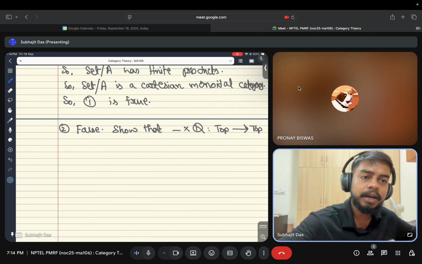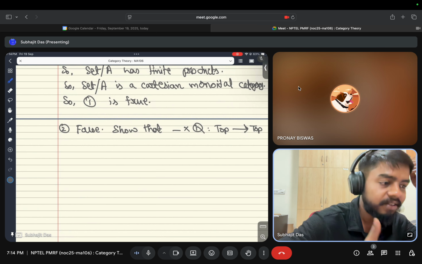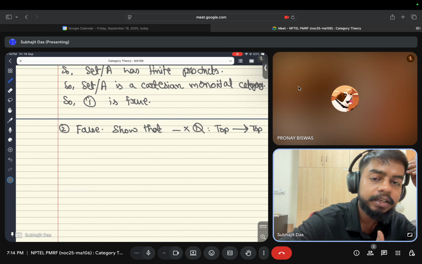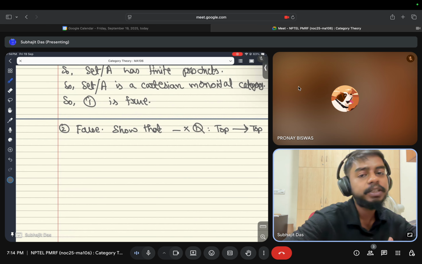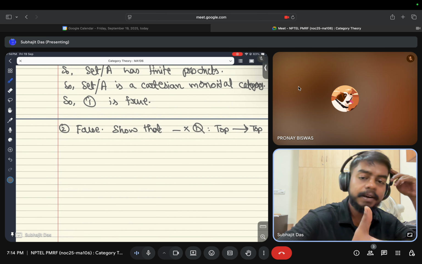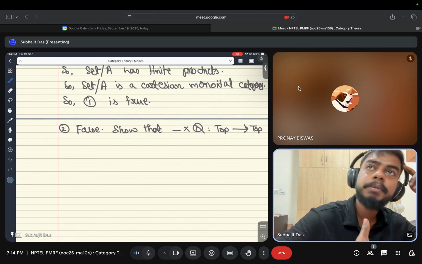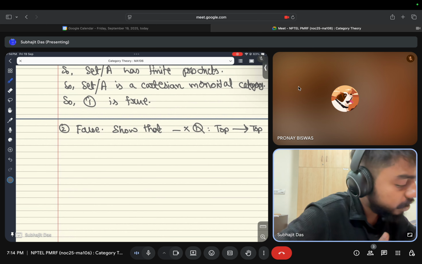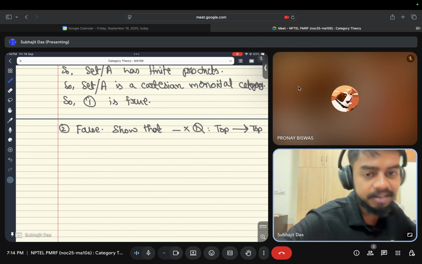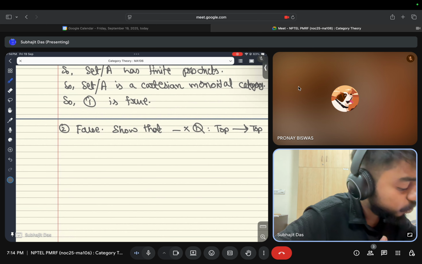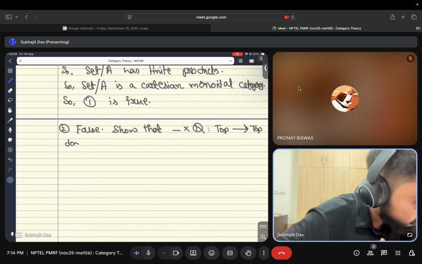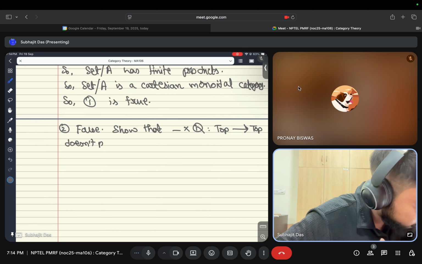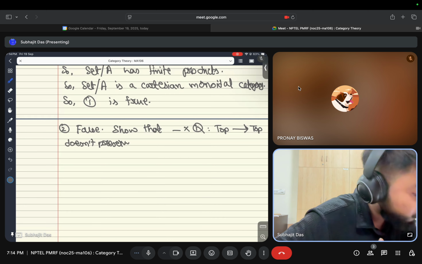So this is how one can show in general that some functor fails to be a left adjoint or fails to be a right adjoint, by showing that that functor doesn't preserve some kind of co-limit or doesn't preserve some particular limit, etc. So what you need to show is that this functor doesn't preserve co-limits. In fact, you can show that this functor doesn't preserve co-equalizers.